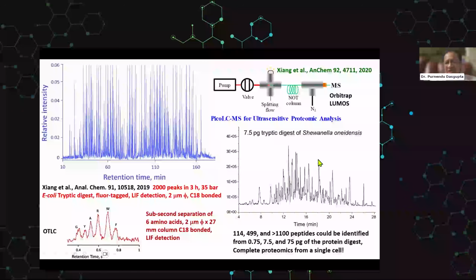So there is nitrogen coming in through here and spraying it into the mass spectrometer. And it's amazing chromatograms, the peptide separations are from, again, a digest from a single cell that can generate the complete proteomics. And as little as 75 picograms allowed them to completely identify 1100 peptides.